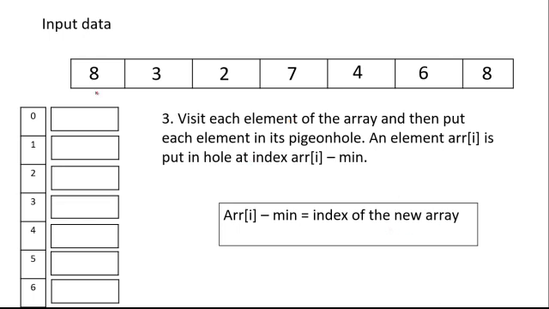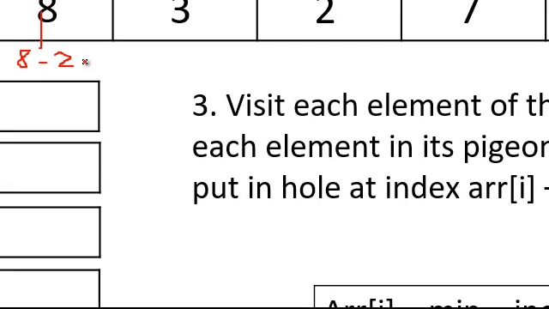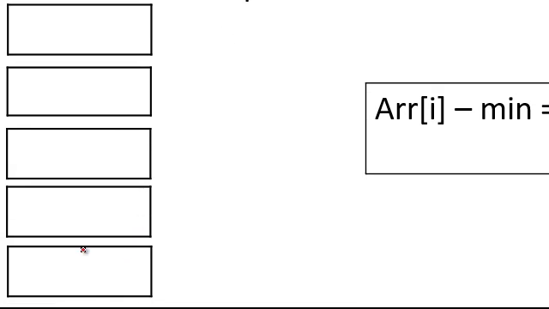So we have here 8. 8 minus 2, which is our minimum, we have 6. So we will put this element in index 6. So we put here 8. Next, 3.